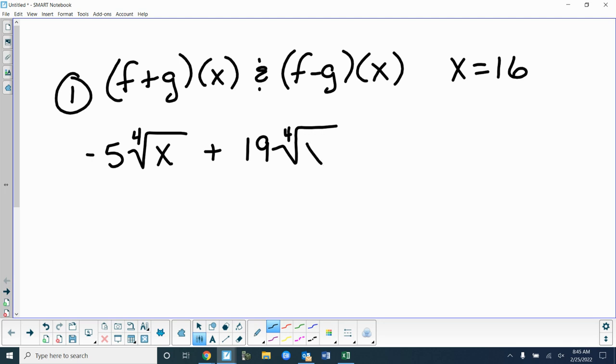Are those like radicals? Yes. So can I add them and subtract them? Yes. Negative 5 plus 19 is 14.